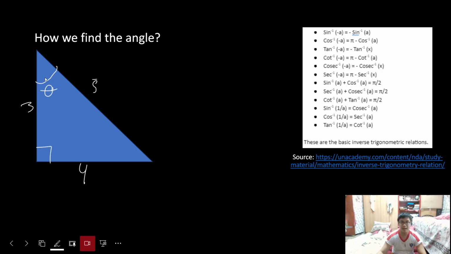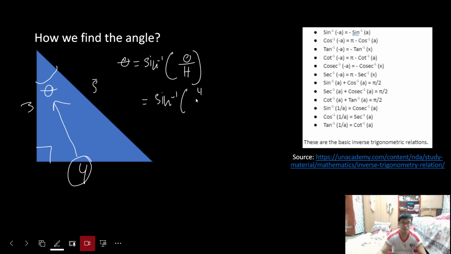To find the angle here, you can use any of the inverse trigonometric functions, as long as it is correct. I can use arc sine here. So theta is equal to arc sine of opposite all over hypotenuse. What is your opposite here? This is 4, because 4 is not beside the theta, and your hypotenuse is 5. So you will have 4 all over 5.